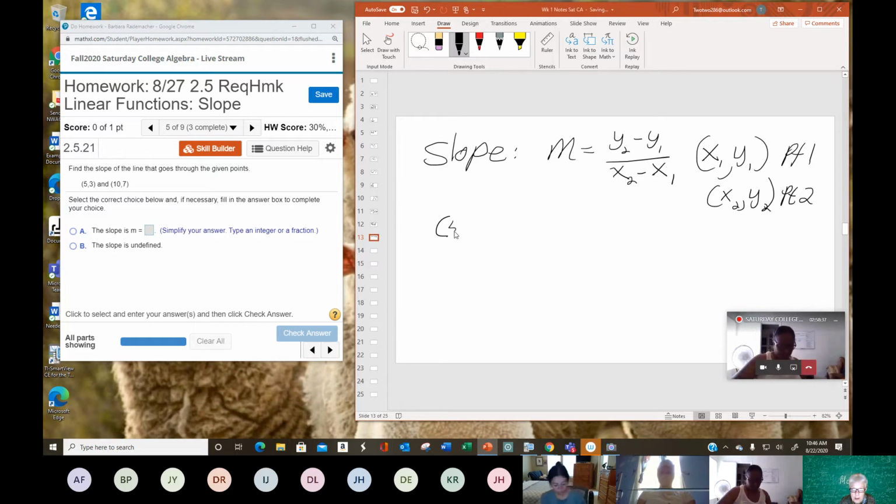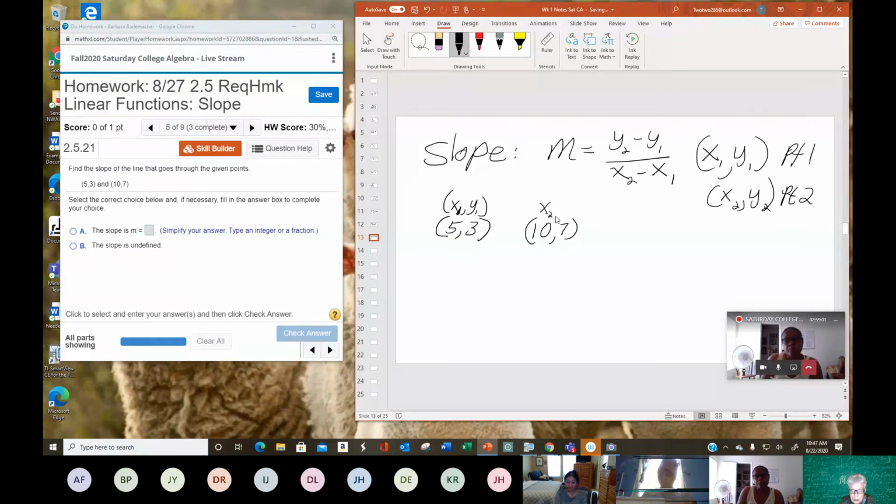Okay, so I've got the point 5, 3. Since that comes first, I might as well, because it doesn't matter, make this x1, y1. And then I've got the point 10, 7, and that's x2, y2.